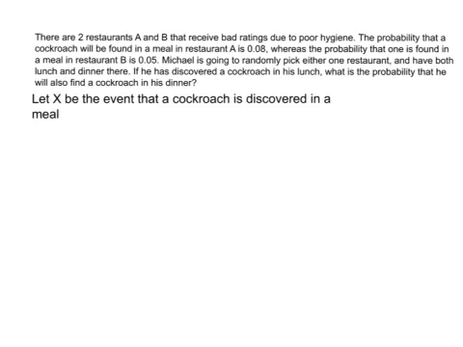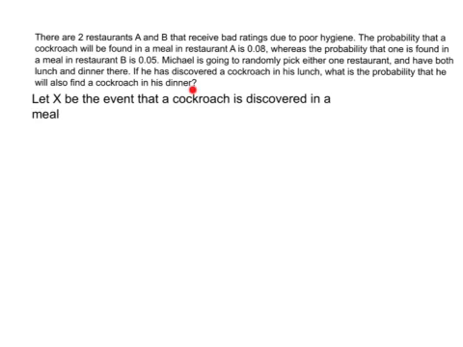Notice that this is conditional probability. Why? Here is the conditional clause: given that a cockroach is discovered in his lunch. Now we're trying to find out the probability that you also find a cockroach in his dinner.